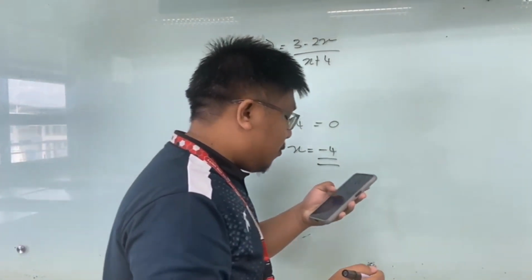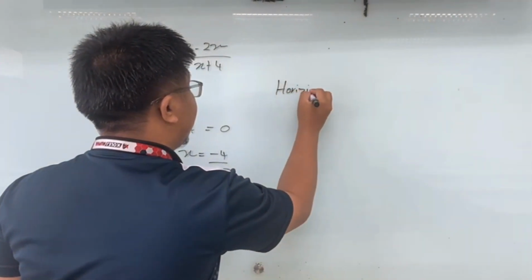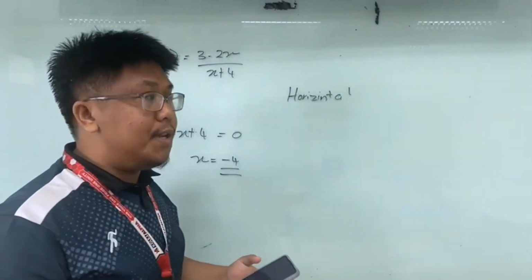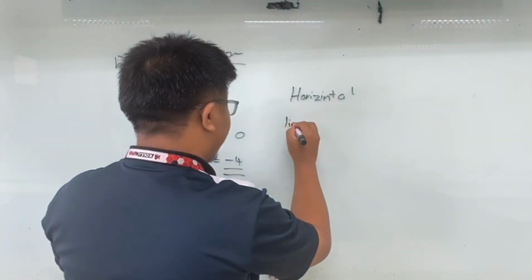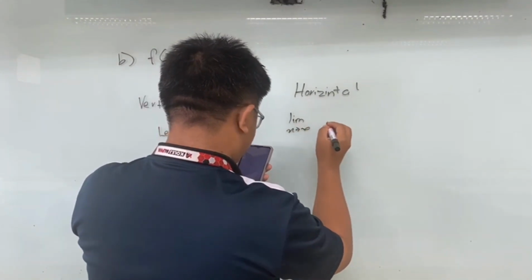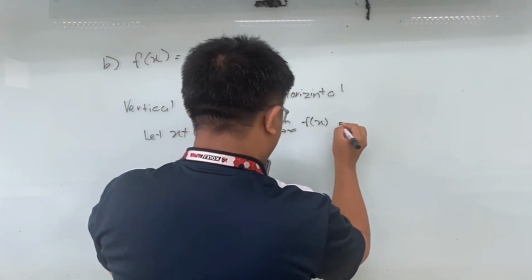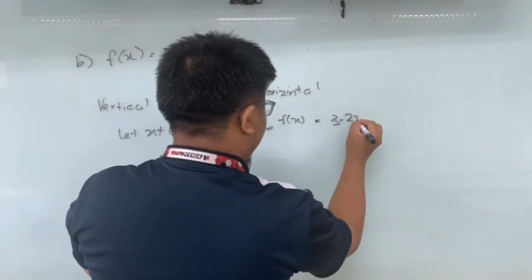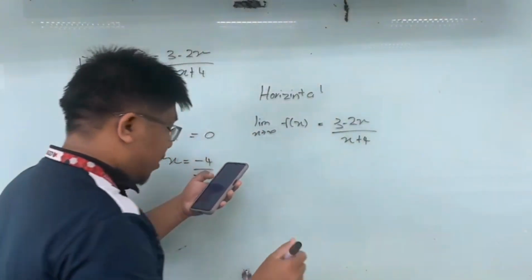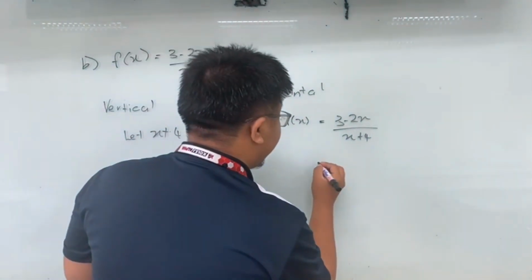Now we find the value of the vertical asymptote. Now we go to find the horizontal one. We have to do a limit function, and then we just do the division as well.